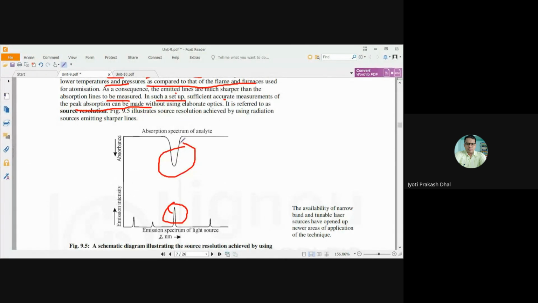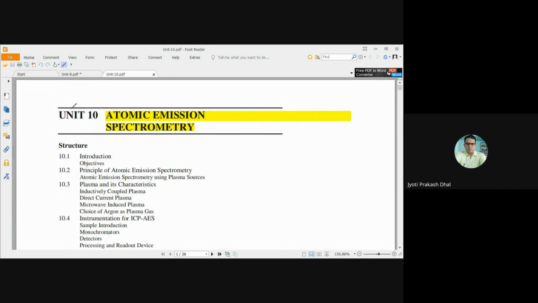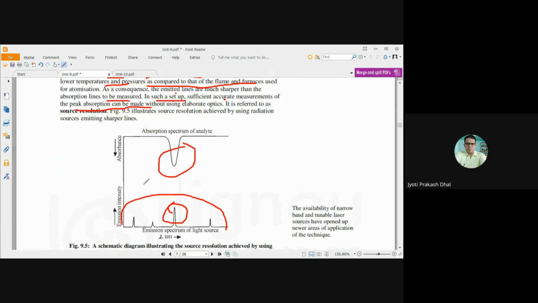So this is the emission intensity of the electromagnetic radiation irradiated on the sample, and the sample will absorb the light at a particular wavelength. If the sample does not absorb the electromagnetic radiation, the transmitted intensity will be high.